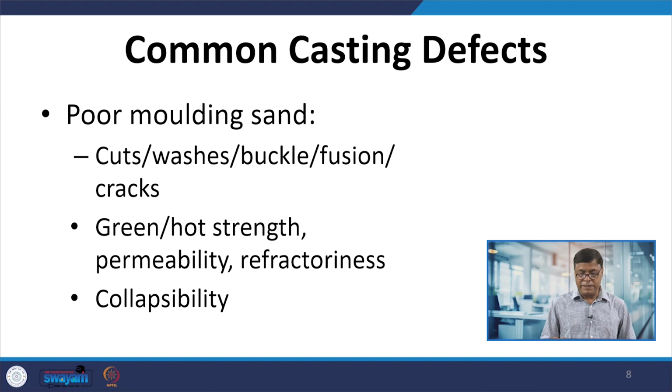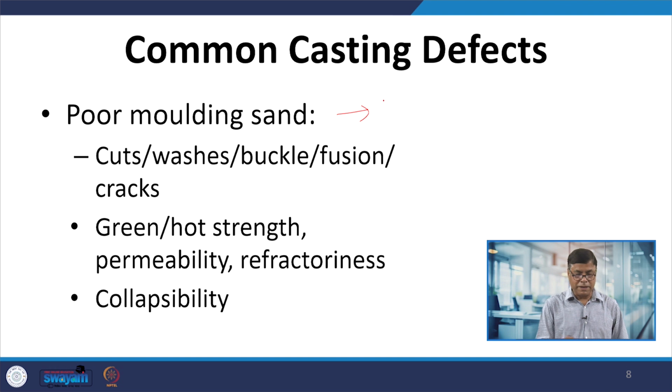Then the poor molding sand. Molding sand is supposed to offer certain characteristics in terms of refractoriness, hot strength, permeability and collapsibility. So, these are the characteristics which a molding sand should have, but if it does not, then it will be leading to many undesirable changes in the mold itself.